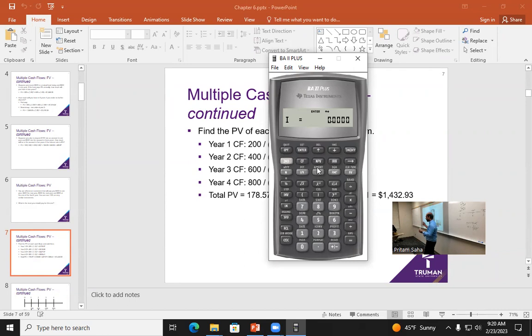Make sense? So if we input all of our cash flows and hit NPV, it's asking for the rate. What is the rate of return for this project? So 12, enter, scroll down, complete.